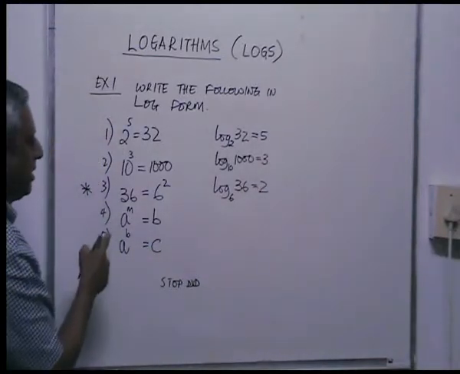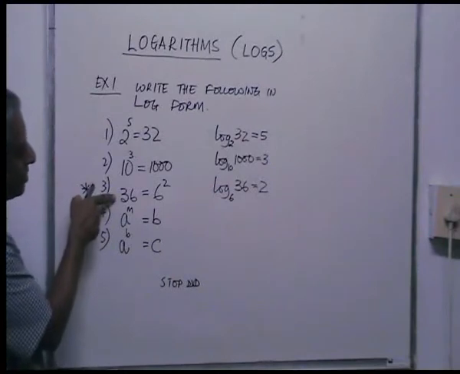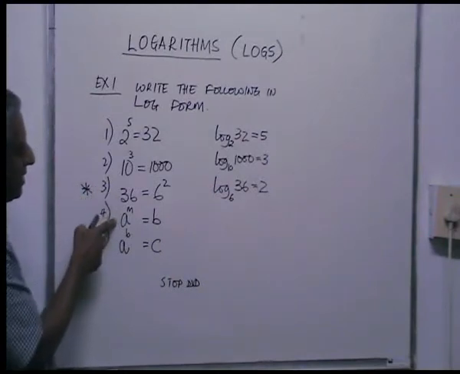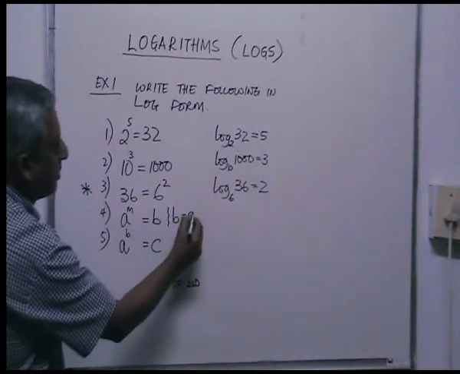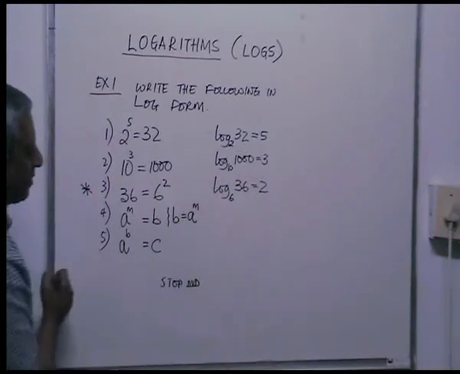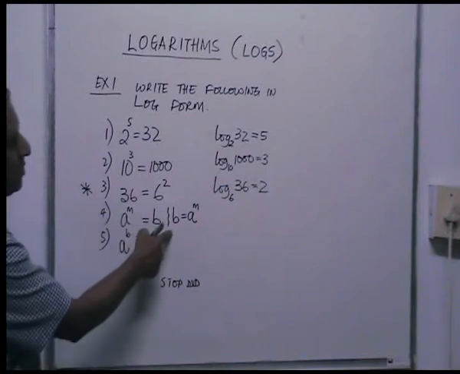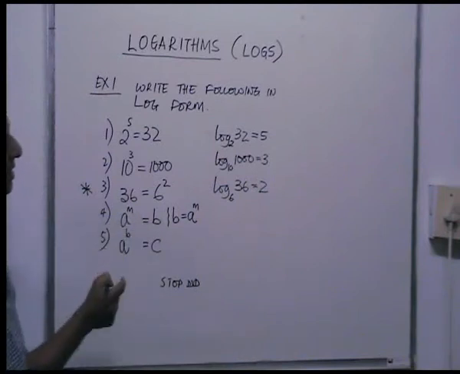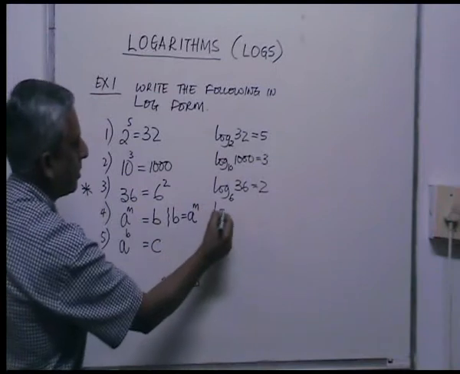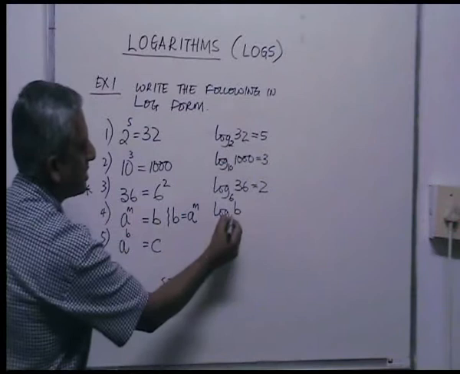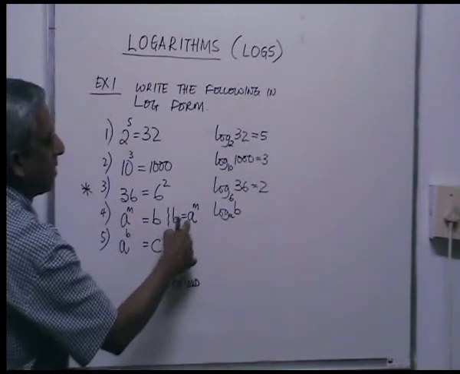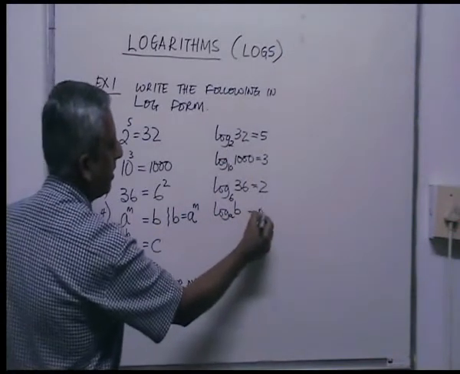So if I follow the advice that I got in this question, then I can rewrite number 4 as b is equal to a to the m. Now it's easier to write the answer: log of b to the base a is equal to m.